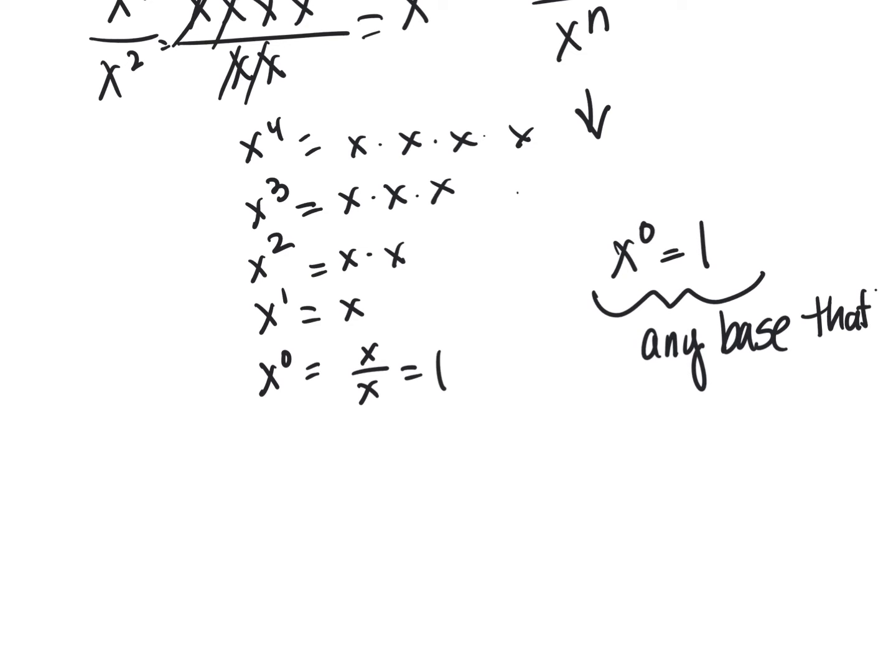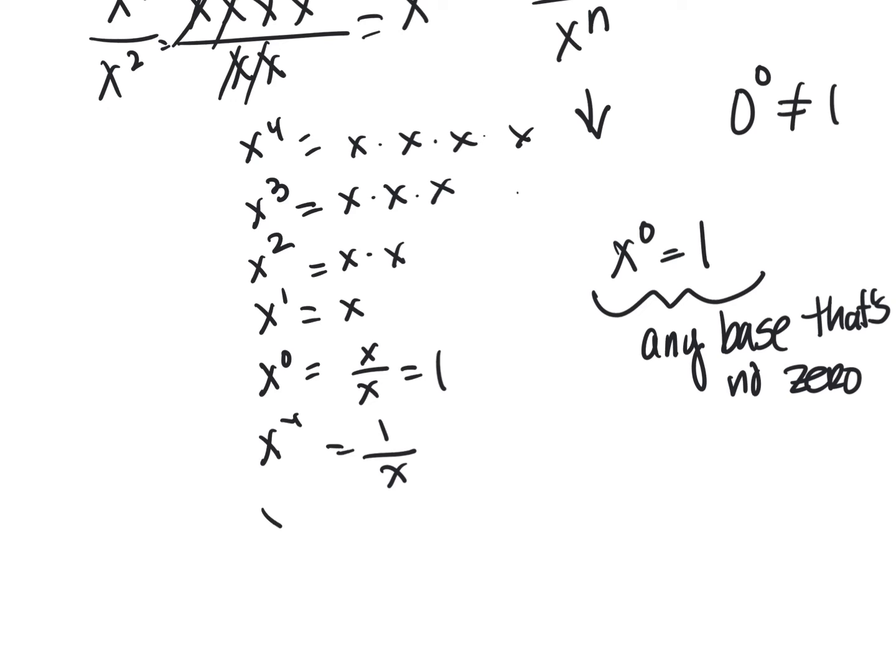That's not 0. Okay. 0 to the 0 does not equal 1. It's an undetermined form. X to the 0 equals 1. All right. Now, so I have x to the 0 is 1. If I go down 1, I would be dividing 1 by x.